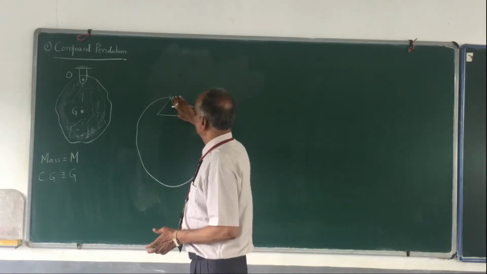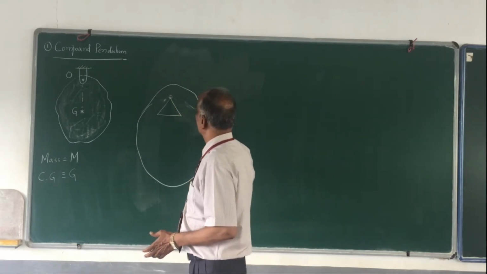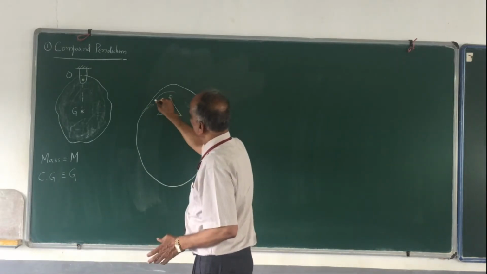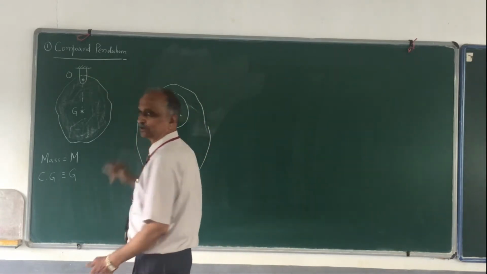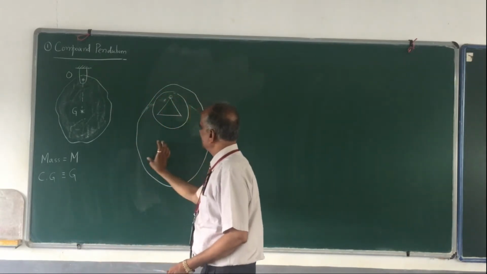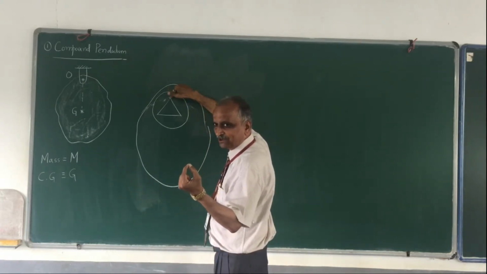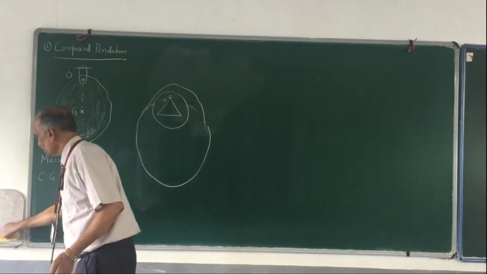I have a hole here, and probably the body is something like this. Inside the hole, this is what you see, so that when I oscillate it, I have oscillation about a point. That's what I ultimately want. That is why I have it inside here.